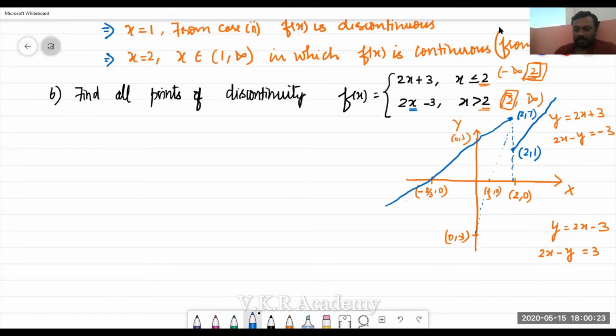So can you guess, is the function continuous? In which interval it is continuous and where it is discontinuous? Anybody can answer. Yes? Any idea?